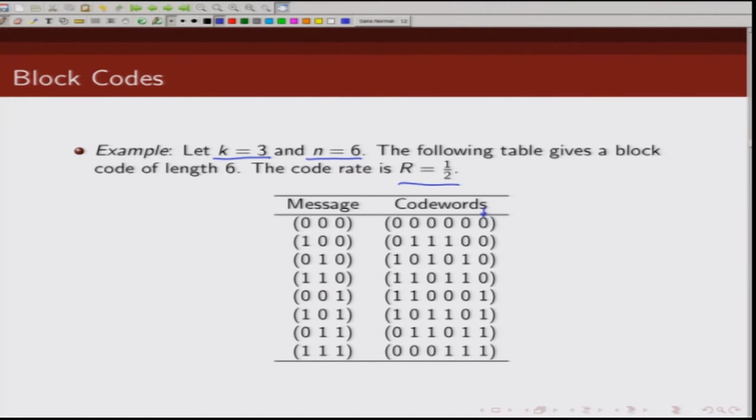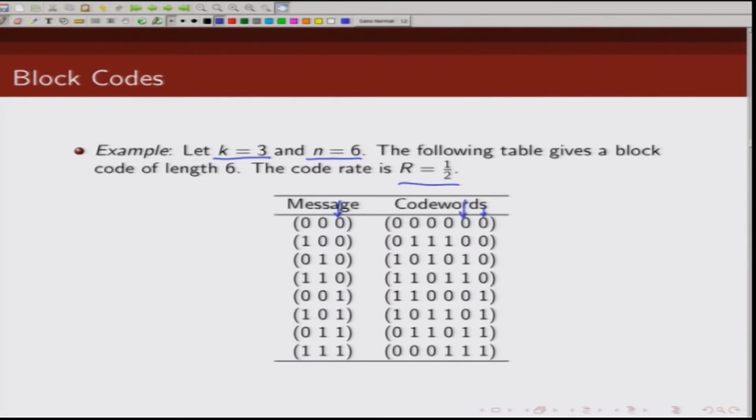How did we get this column? If you look at the information bits, this column is nothing but the same as this information bit. You can see 0 0 0 0 1 1 1 1.